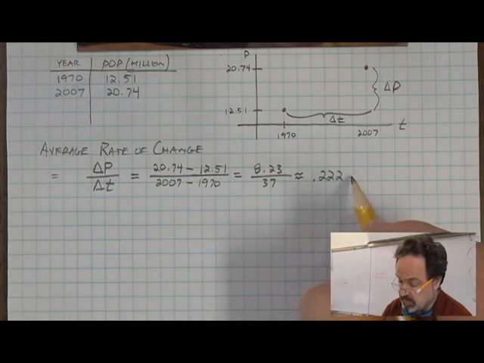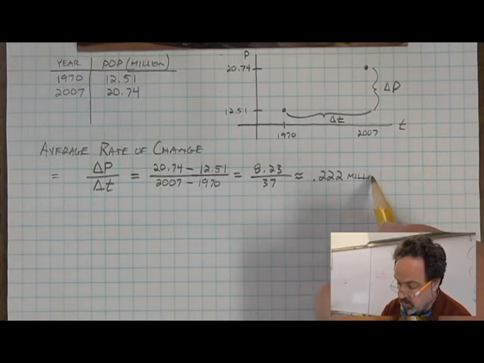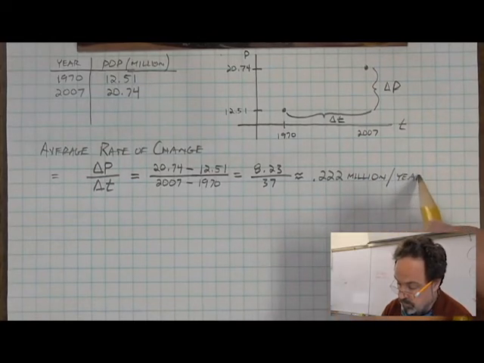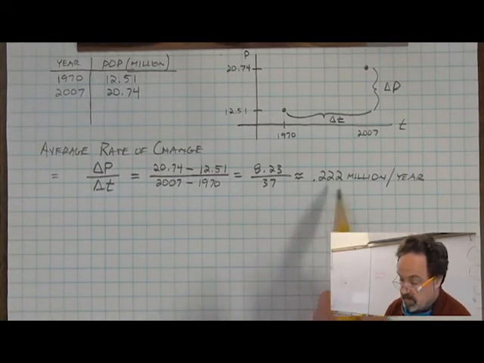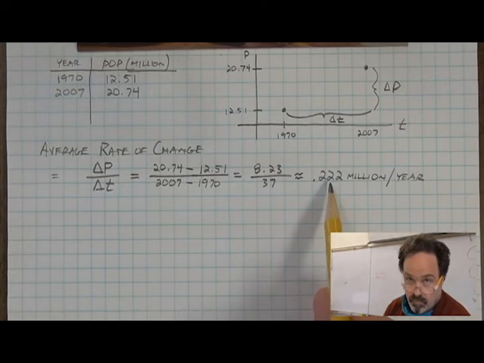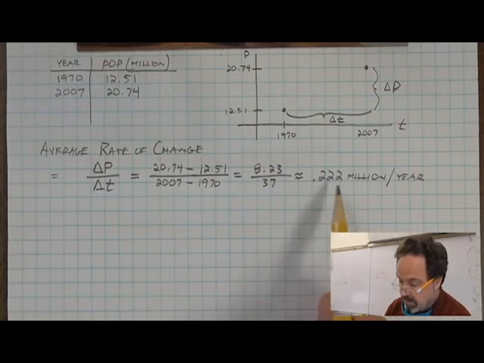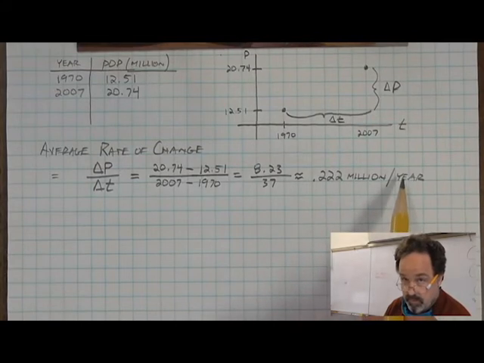And because this is a contextual problem, it would be appropriate to show units now, million people per year. So this is a positive number. That means that the population has grown, and it's grown on average 0.222 million people per year.